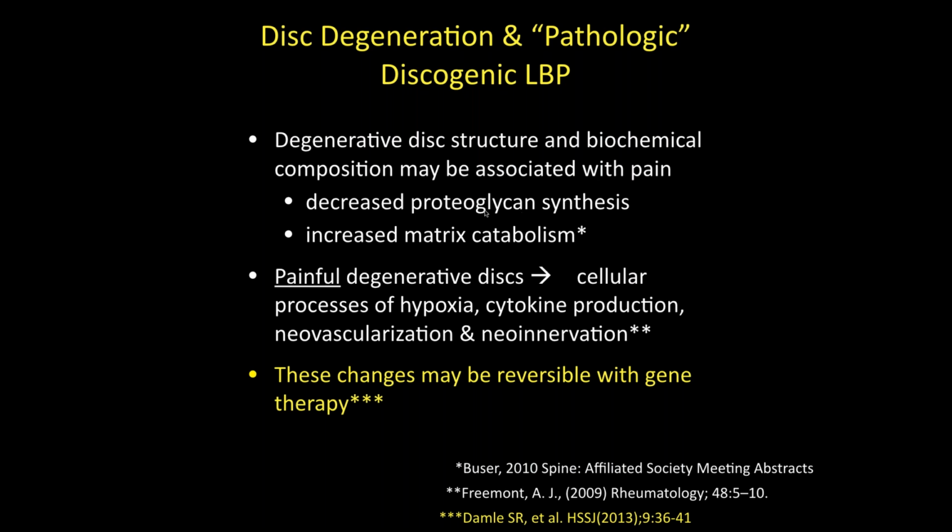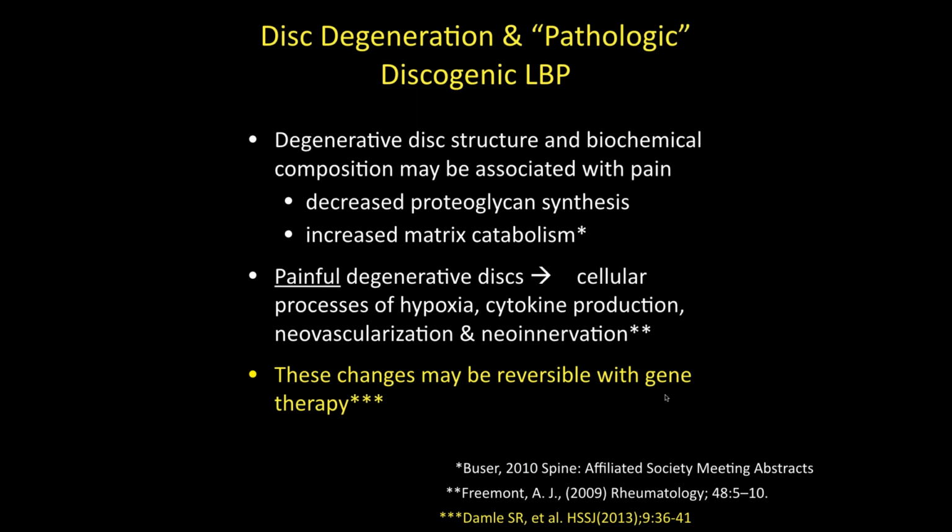We can also see that some people believe that decreased proteoglycan synthesis and increased matrix catabolism may be associated with symptomatic discs, and that hypoxia of the discs is associated with neovascularization and neoinnervation, which may be associated with symptoms.